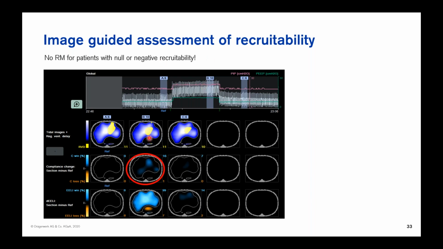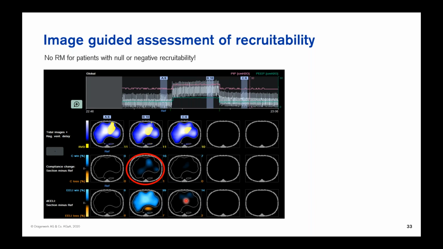You see minor improvements of ventilation. However, elevating the PEEP does not in any case increase the ventilated area that is projected here. So it's also not beneficial for the ventilation distribution because the area that you intend to open remains completely collapsed. There's no gain in dorsal ventilation in either of the lungs.